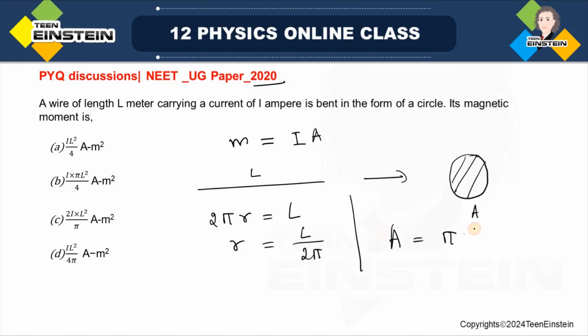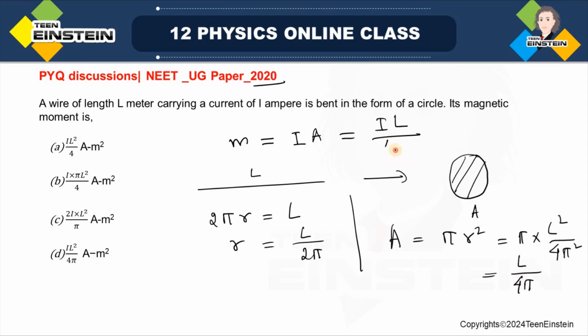Area will be pi r square. So pi is there, and this is L square by 4 pi square. So that means it is L by 4 pi. So just multiply here, I into this, A is given by L by 4 pi.